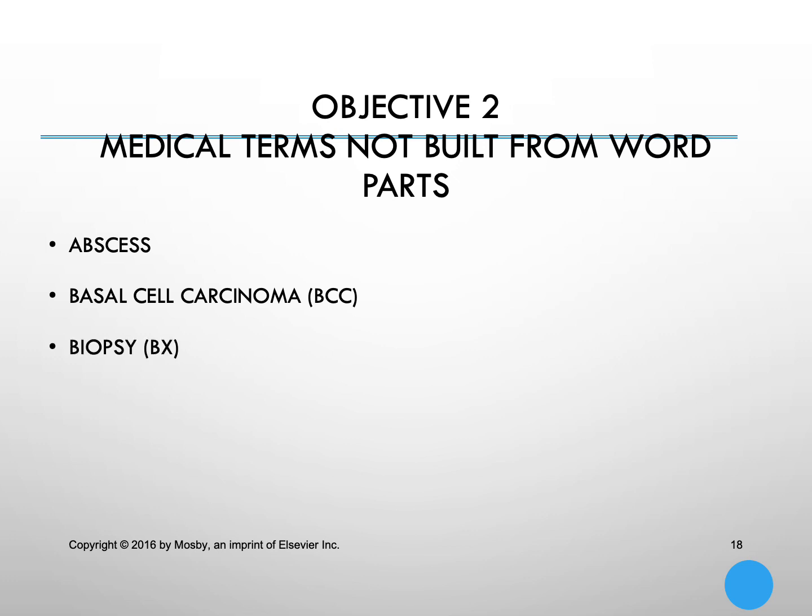Now, we already talked about a biopsy, and the biopsy is a removal of a sample of tissue, and it's abbreviated BX. We also have edema. Edema is a puffy swelling of the tissue, and this is typically due to accumulation of fluid.